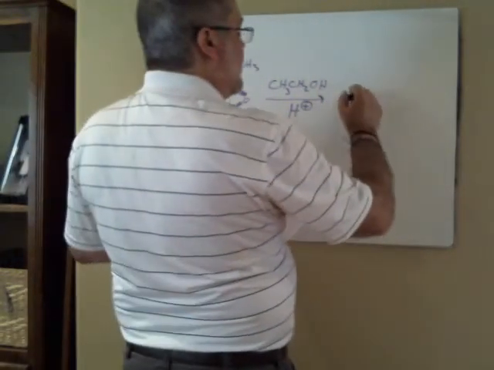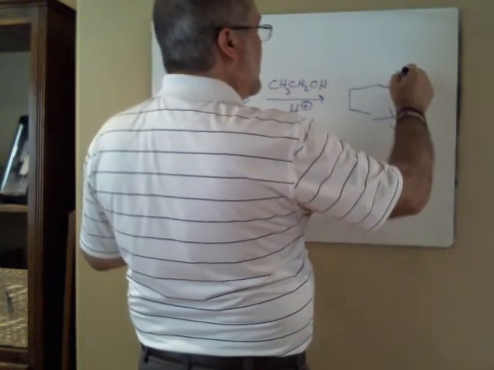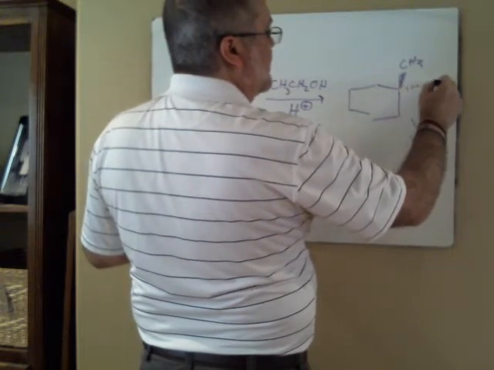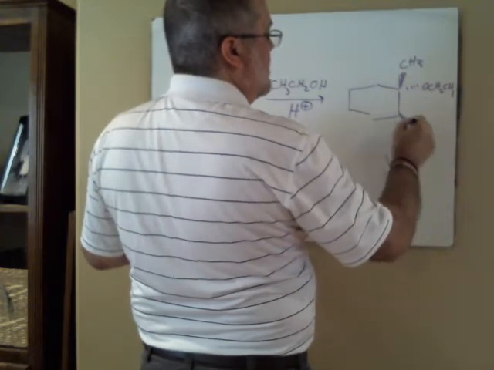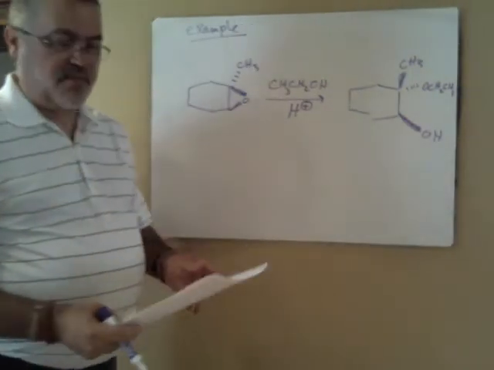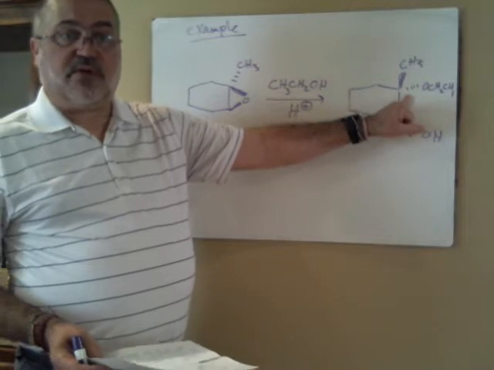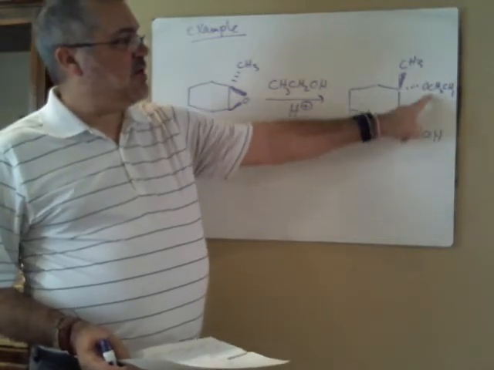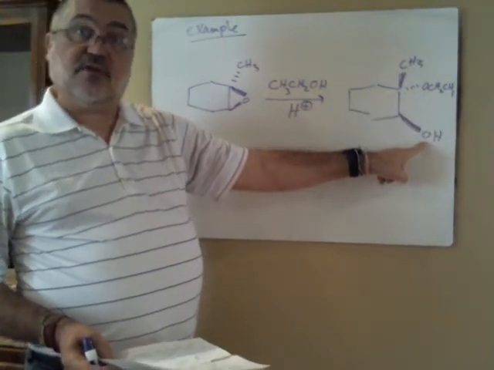So that means that when I look at the product, the nucleophile is going to go to the more substituted side, and it's going to come in from the opposite side of what was the epoxide oxygen. Okay, so regiochemistry to the more substituted side, that's SN1. Stereochemistry is SN2 because this comes in from the opposite side of the oxygen that was the epoxide.